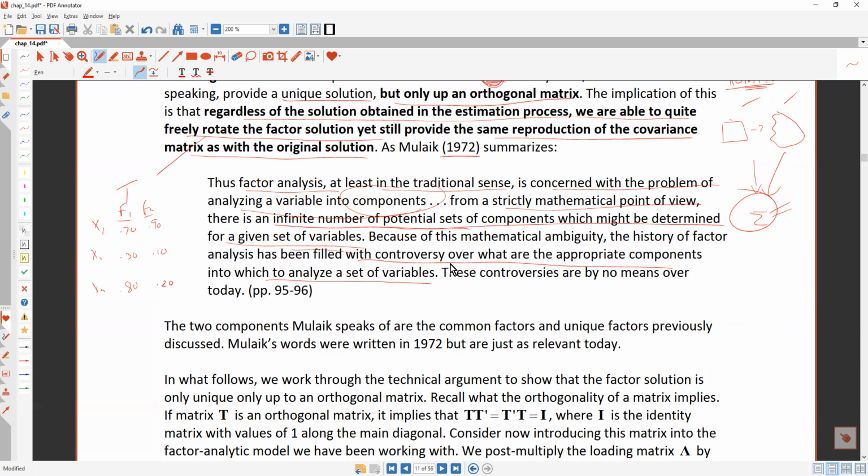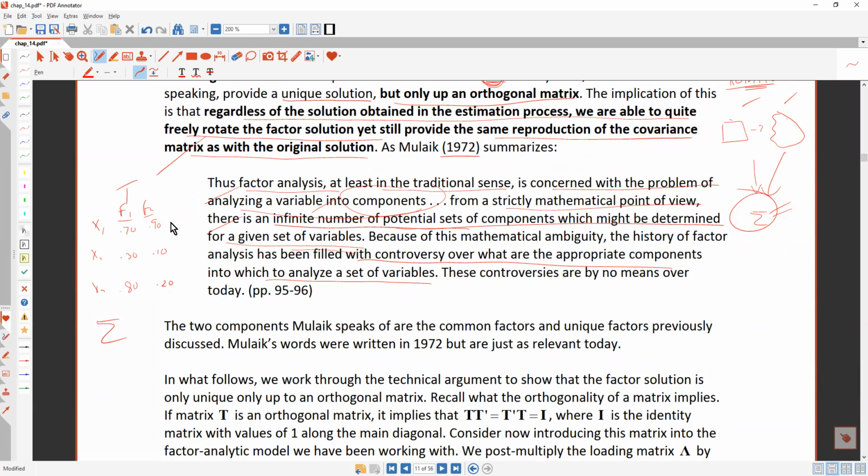What this paragraph says, and this idea of an infinite number of potential sets of components, is that you can transform these weights many, many different ways. Infinite number of different potential sets of components that will reproduce this. This is what this is saying.